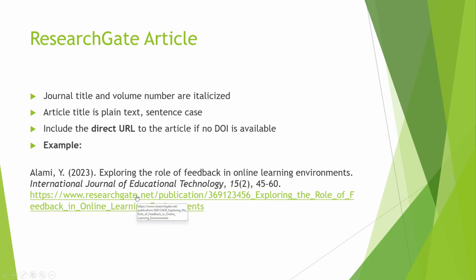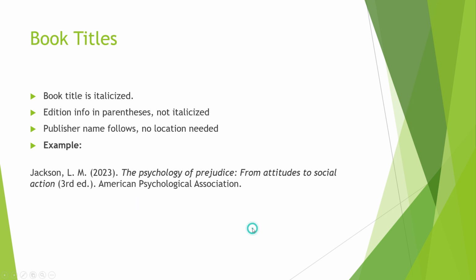I've seen many students indicate that this comes from ResearchGate, but you need to look very carefully at the article. In most cases, the article has been published in a journal, so you need to include that journal name, not ResearchGate. Again, if it doesn't have a DOI, then you would include the link to ResearchGate.